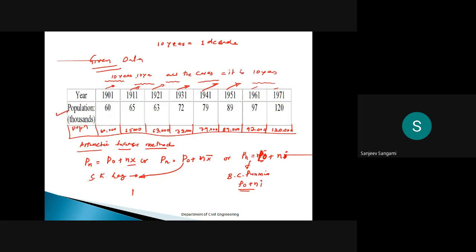1931, 1941, 1951, 1961 to 1971. So till how much they have given? To 1970. So in the first they have given 60,000.